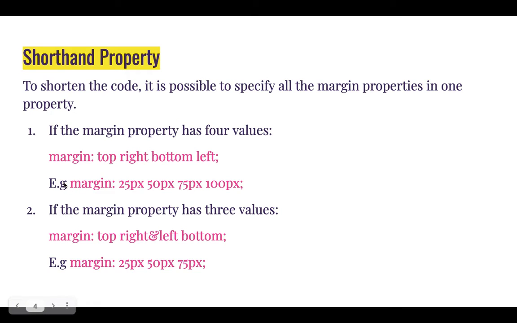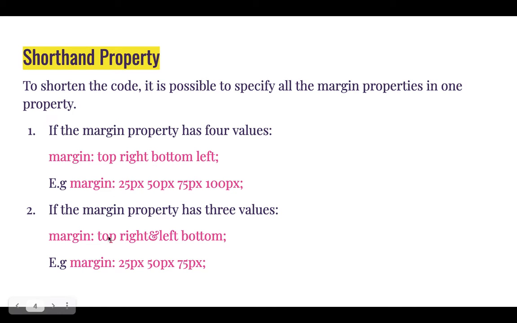Look at this example. We set a top margin to 25 pixels, a right margin to 50 pixels, a bottom margin to 75 pixels, and a left margin to 100 pixels. If the margin property has three values, that is, if you want to specify the top, right, left, and the bottom using the shorthand property, this is the way you are going to do it.